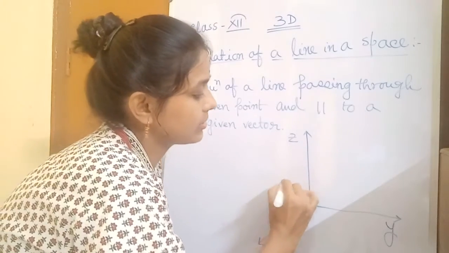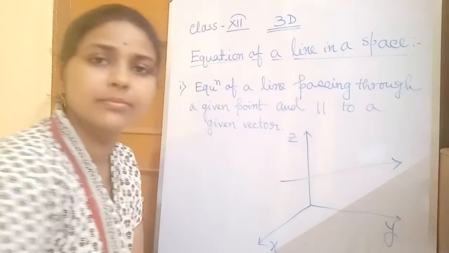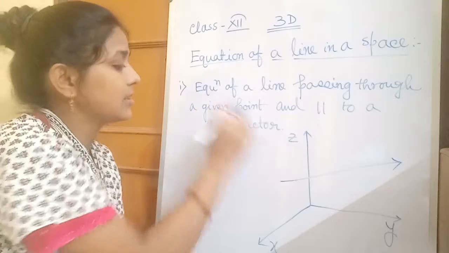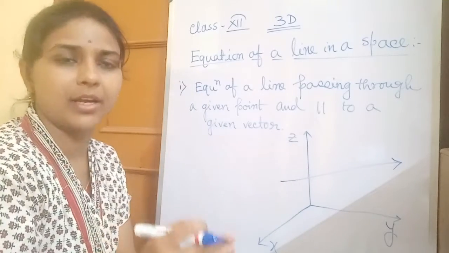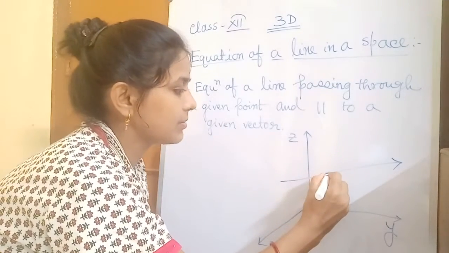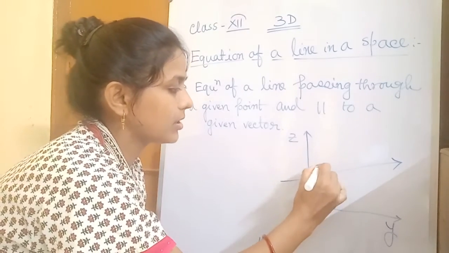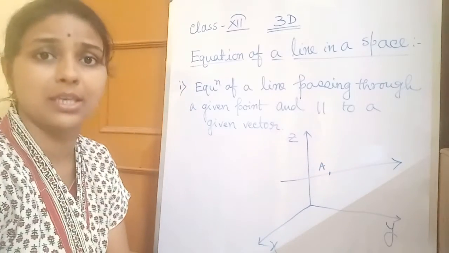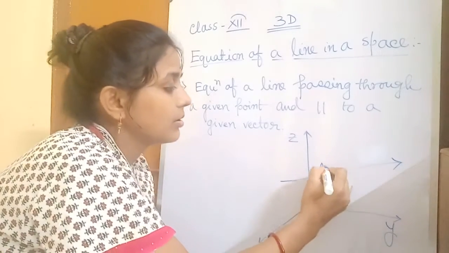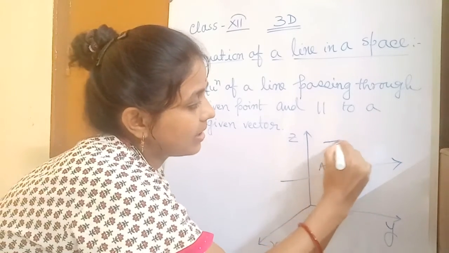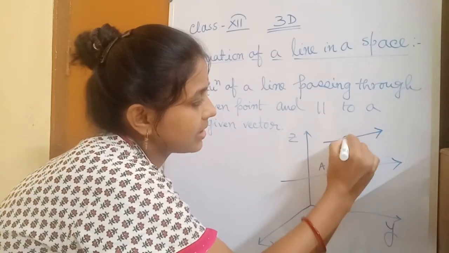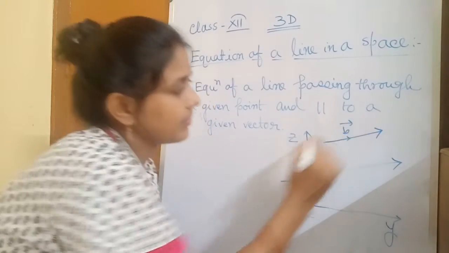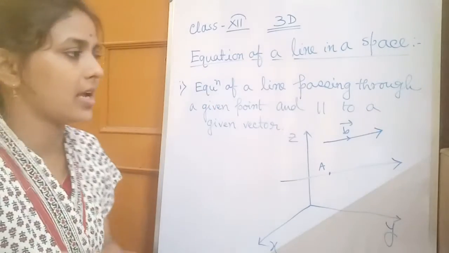Now think about this as a line whose equation we need to find out. The line is passing through a given point, suppose its name is A, and it is parallel to a given vector, suppose b vector. Its direction is this side.